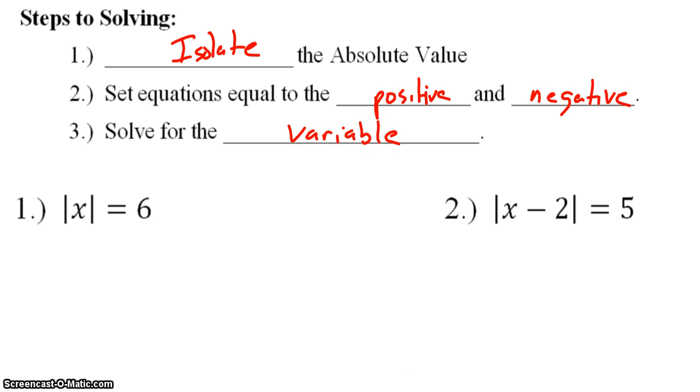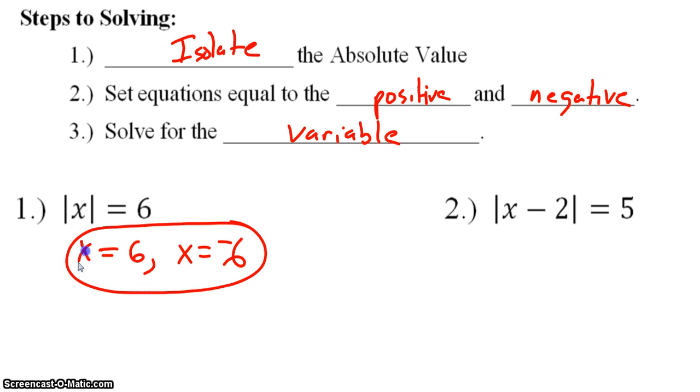So the good news here in example 1 is that the absolute value is already by itself. So step 1 is done. So what I'm going to do is set the equation equal to 6 and negative 6, and there are my two answers, because there wasn't any work to be done. But in number 2, although the absolute value is by itself, I'm going to separate this as x minus 2 equals positive 5, the first case being positive, and x minus 2 equals negative 5.